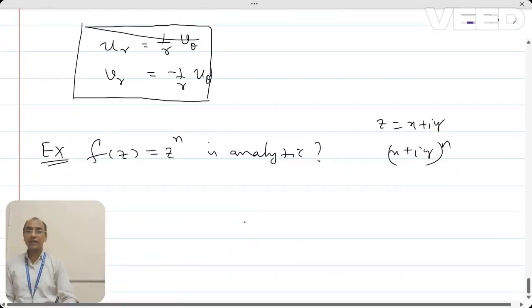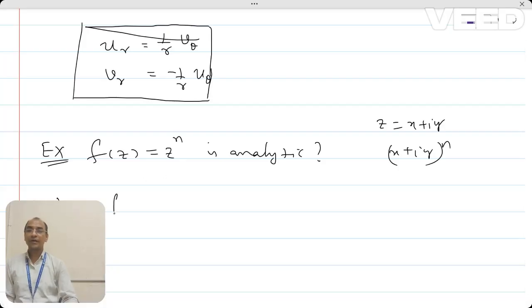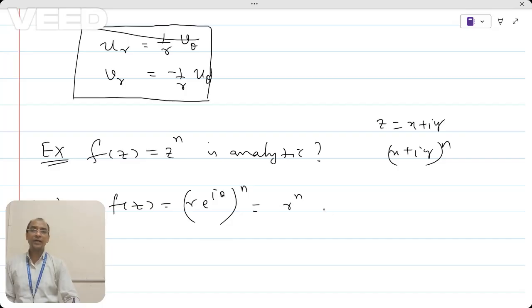So here I can write f of z in polar form as r e to the power i theta, to the power n. That will give you r to the power n e to the power i n theta, and this is equivalent to r to the power n, cos n theta plus i sin n theta.